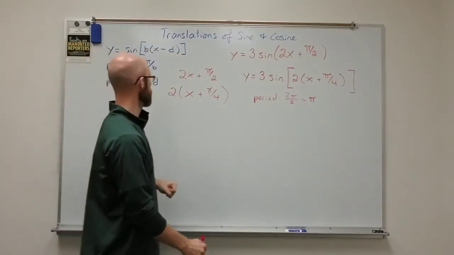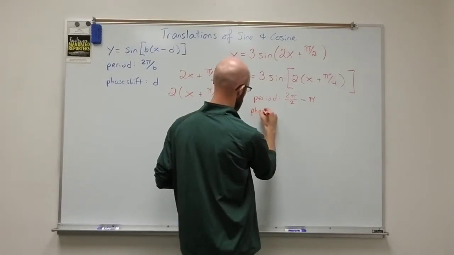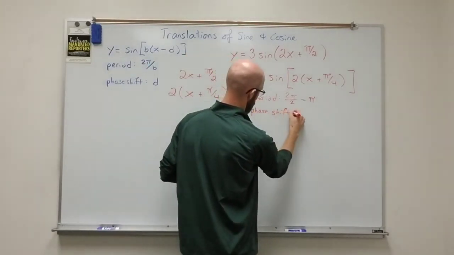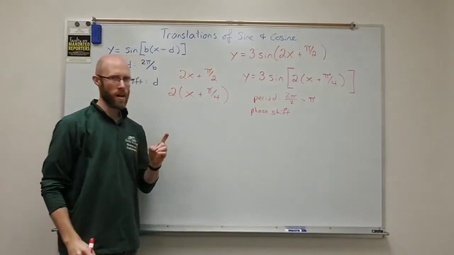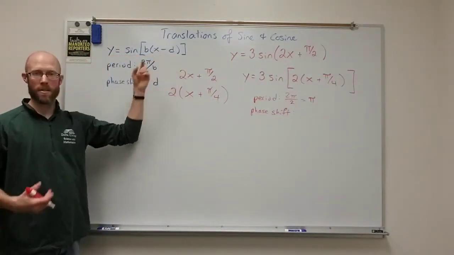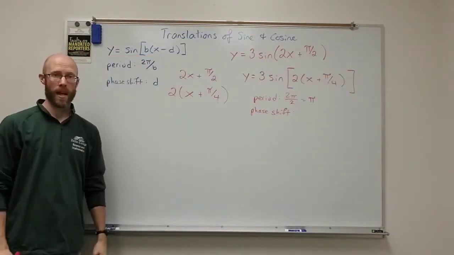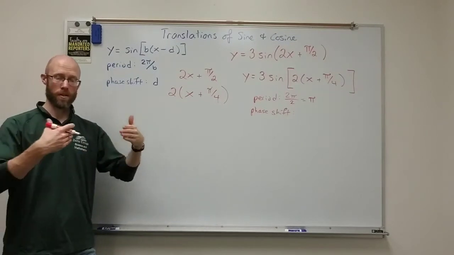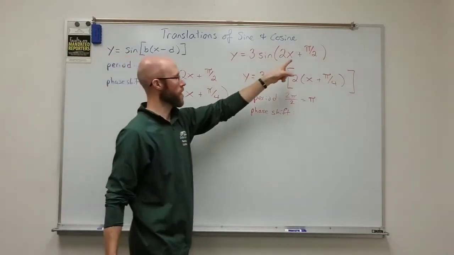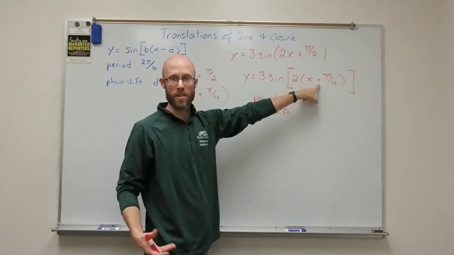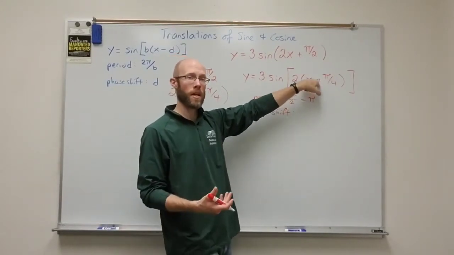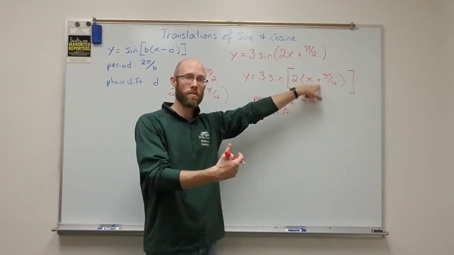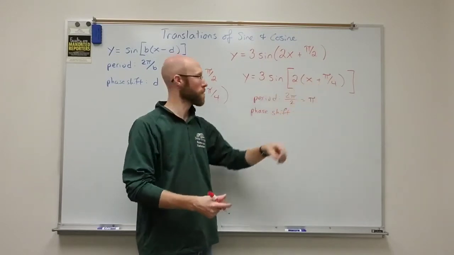The phase shift is d. Now the d value in the formula has a minus. It's what's being subtracted, right? X minus d will shift the graph over to the right. Here I have a plus, right? It's a plus, not a minus. And so what ends up happening is you're really subtracting a negative. The double negative creates the plus here.